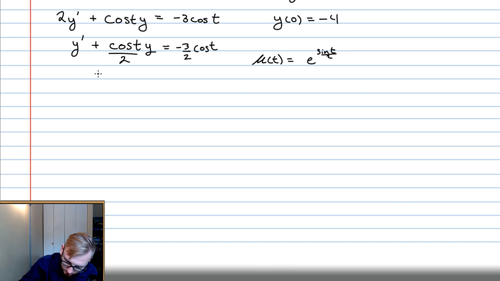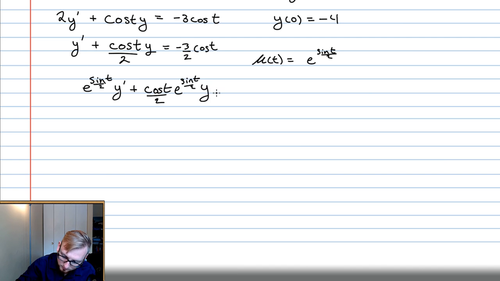Then what do we got? e to the sine t over 2 times y prime plus cosine of t over 2 times e to the sine t over 2 times y is equal to -3 over 2 cosine of t times e to the sine t over 2.